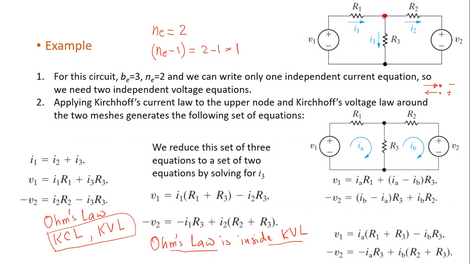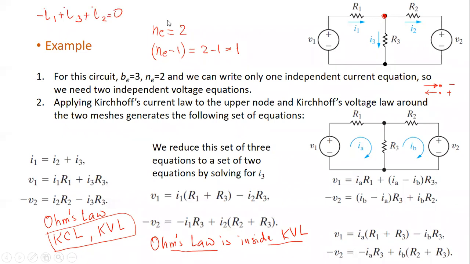Let's use the current that we have. Negative I1 plus I3 plus I2 equals 0.